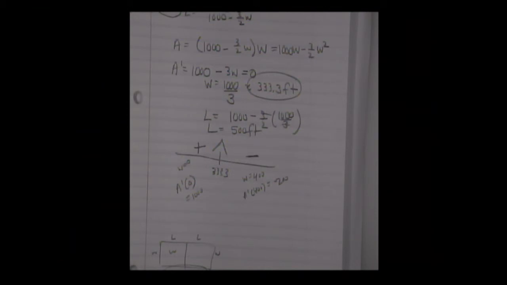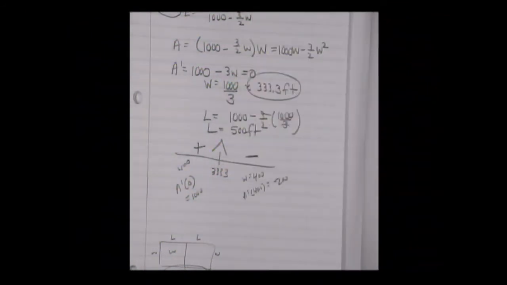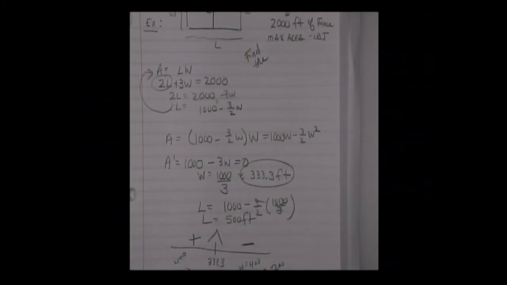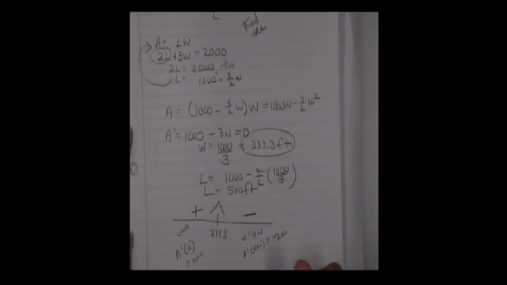Now, if this question said find the max area, sometimes it says find the dimensions, sometimes it says find the maximum area. Make sure you answer the question they asked. So if this had said find the maximum area, I would have one more step. I would need to actually compute the area. I have lots of ways I could do this.